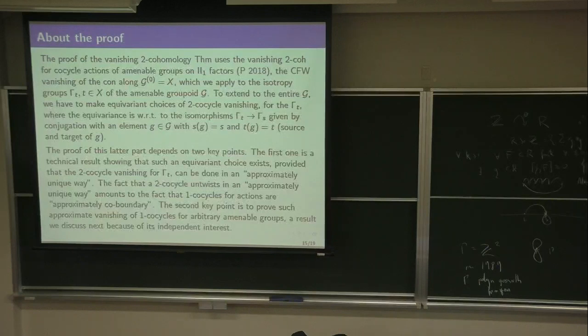Actually the proof depends on two key points. The first one is a technical result showing that such an equivariant choice does exist, provided that the two cocycle vanishing for each group can be done in an approximately unique way. By the way, if the vanishing of the two cohomology is unique, by a miracle, as I will show you later, for instance if the groups are finite, then it is unique in some sense.